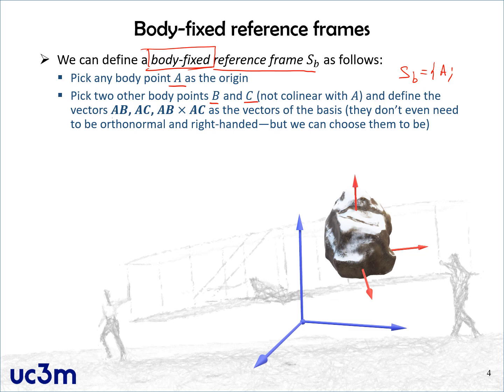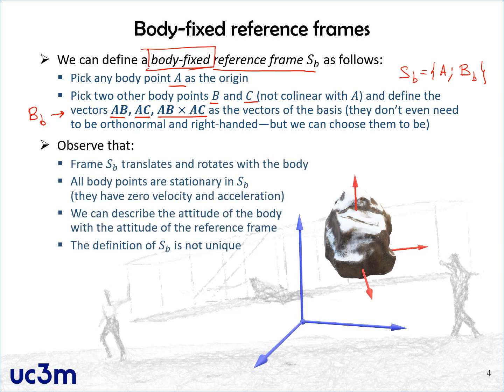And define these vectors, AB, AC, and their cross product. So these are 3 linearly independent vectors, and we can construct a vector basis with them. And that's the second part for your reference frame. The reference frame so constructed, as you can see, has been defined only from points of the rigid body.